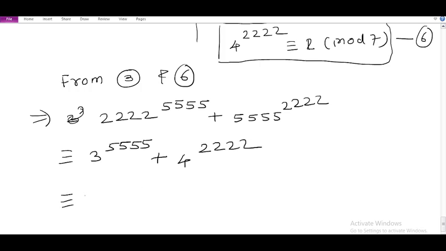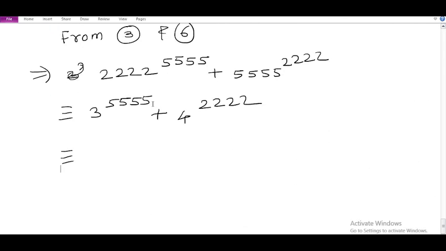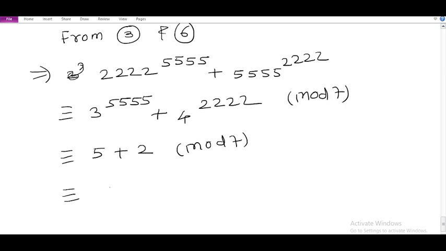This is congruent to 5, and this is congruent to 2 modulo 7. This implies 7 modulo 7.